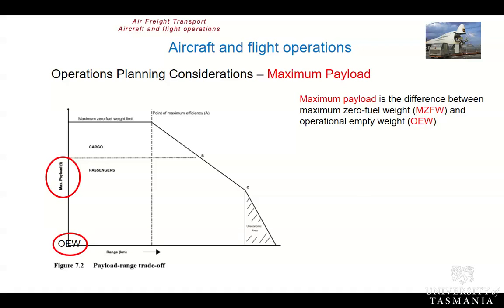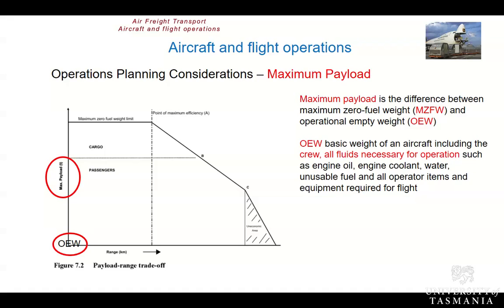Now, the operational empty weight is the weight of the aircraft itself, including the crew, any fluids necessary for the operation, and all operator items and equipment required for the flight.